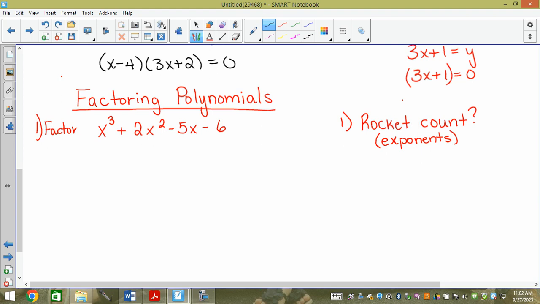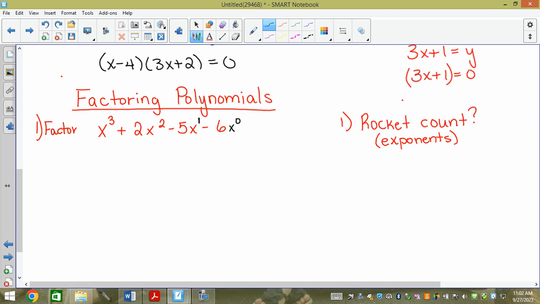Well, I have 3, 2, 1, and what's this one if it doesn't have anything? It's just 0. So did I rocket count just fine? 3, 2, 1, 0? Yes. If the x squared was missing, I just have to put a 0x squared in its spot. Or if the x was missing, I put a 0x in its spot. I have to put placeholders if I'm missing it. If I can't rocket count, I need a placeholder. So more often than not, when people mess up on factoring, it's because they forget to rocket count right off the bat and don't put a placeholder and it doesn't work.